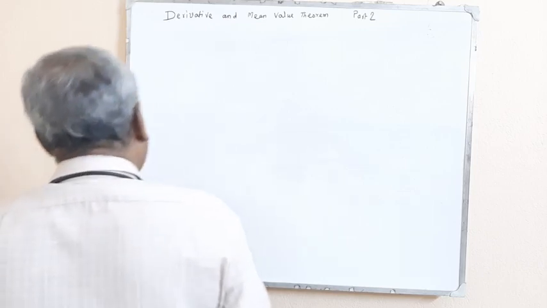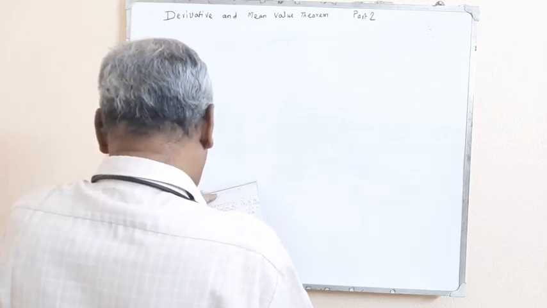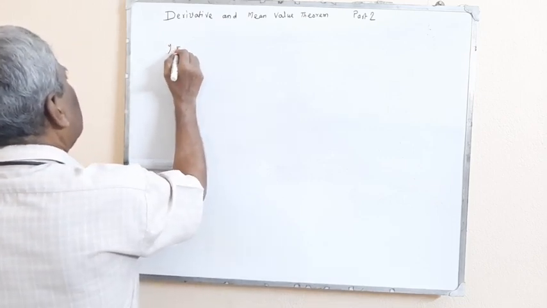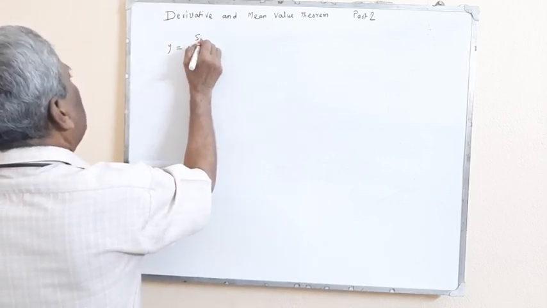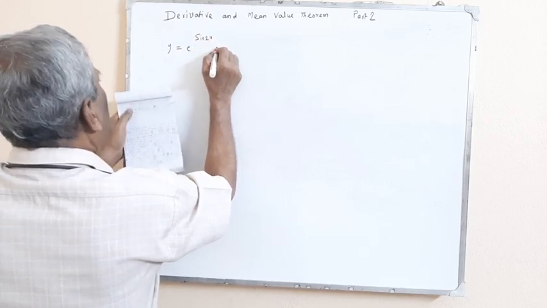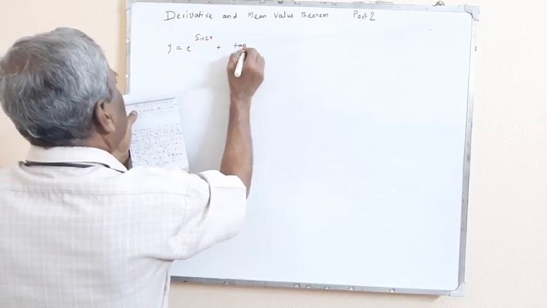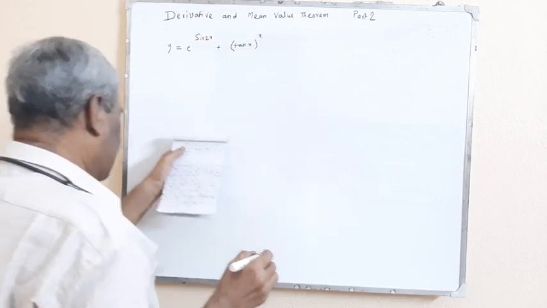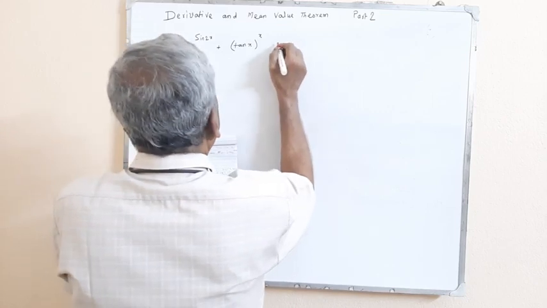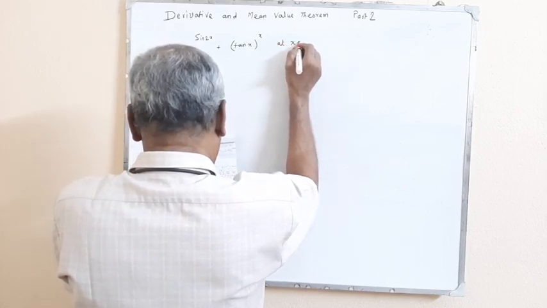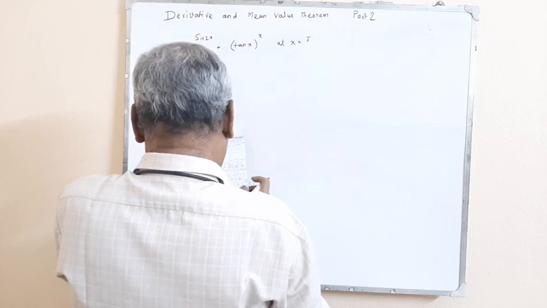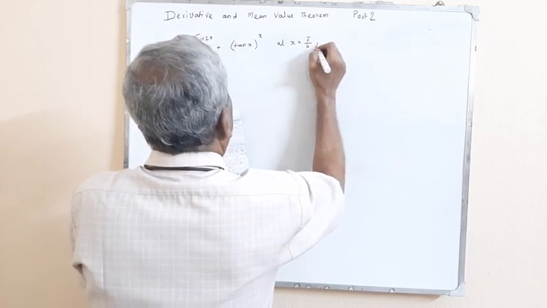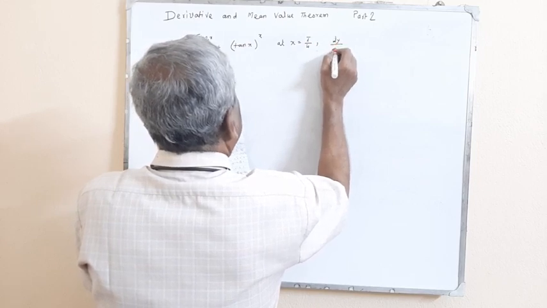The first problem is: if y is equal to e to the power sine 2x plus (tan x) whole to the power x, then at x is equal to pi by 4, find the value of dy/dx.